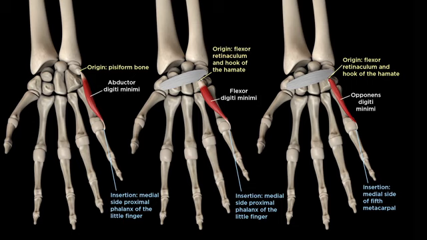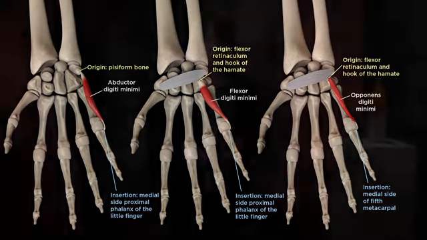The fibers of opponens digiti minimi are more obliquely oriented than the abductor or flexor digiti minimi, as you'd expect given its function, since opposition of the little finger means to touch it to the thumb. Abduction fans the pinky finger out and flexion bends it anteriorly.